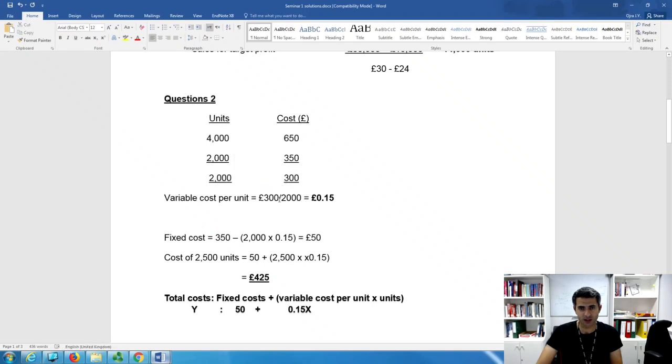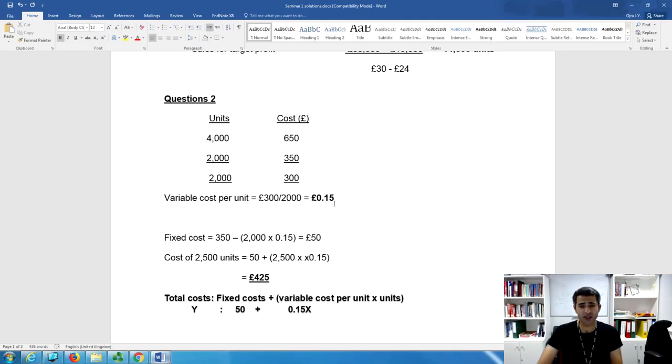So remember, pound sign always on the top, because a lot of students put 2,000 divided by 300, but remember, pound sign always on the top. So 300 divided by 2,000 is 15 pence. This means the variable cost per unit is 15 pence.